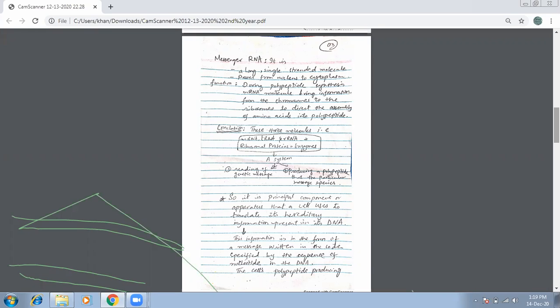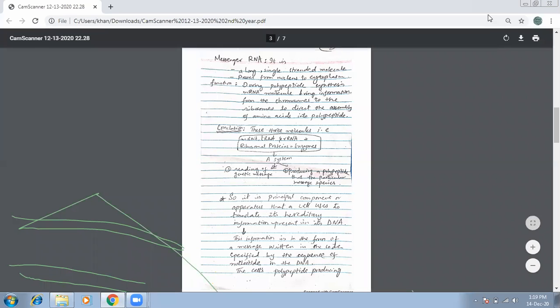The function of messenger RNA is that during polypeptide synthesis, the mRNA molecule brings information from the chromosome to the ribosomes to direct the assembly of amino acids into polypeptides.